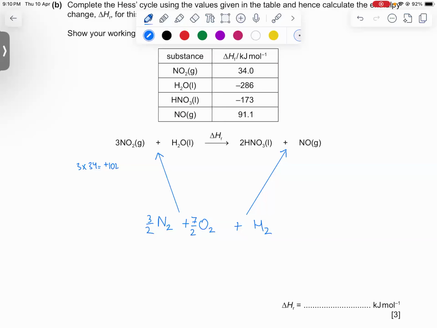Plus 102 kilojoules, right? And only 1 mole of H2O is formed, so 1 times the energy released when 1 mole of H2O is formed, meaning minus 286. When you add these two values together, 102 and minus 286, you have minus 184 in total. So this arrow depicts minus 184 kilojoules of energy.